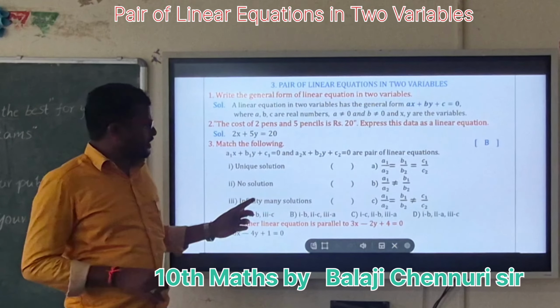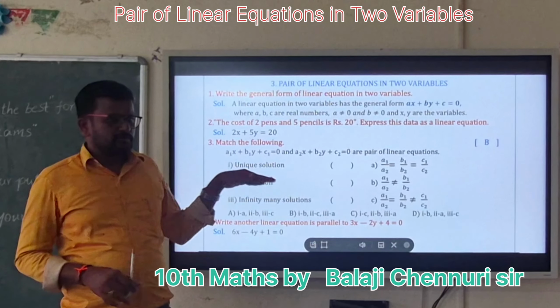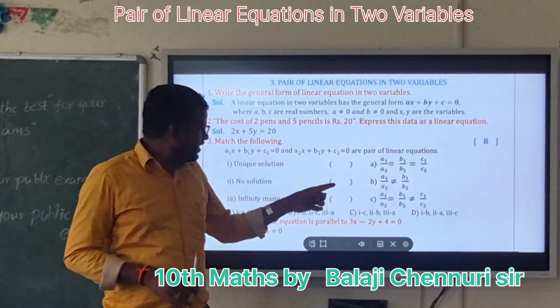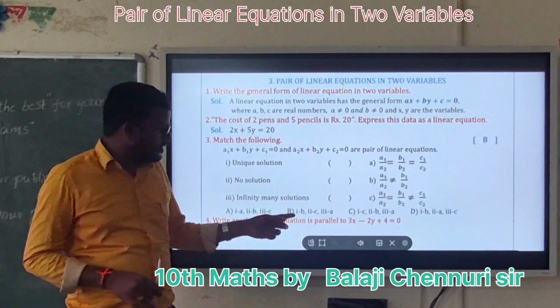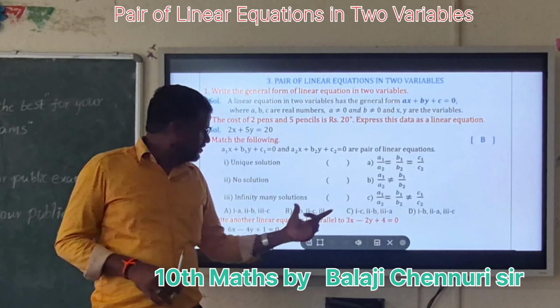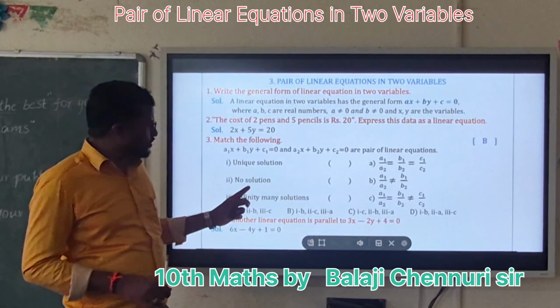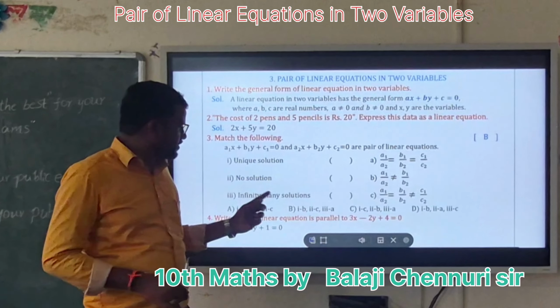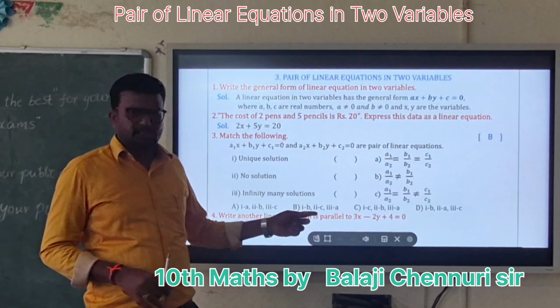Then what are the correct matches? Unique solution, 1, is with B. No solution, 2, is with C. So this is the correct choice.